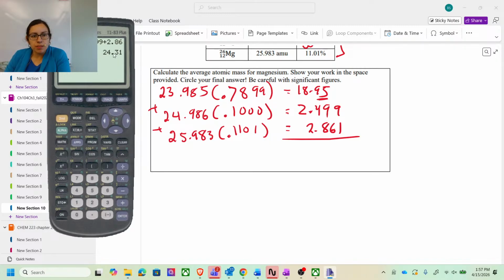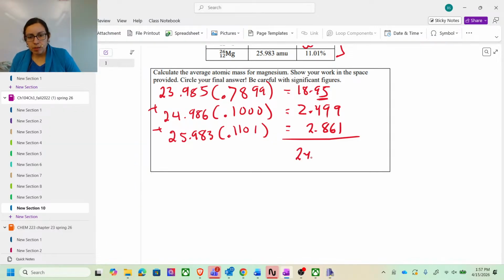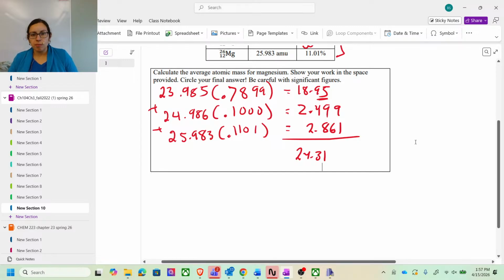And it just so happens that it worked out, that would be 24.31. We don't need to round any further, but we wouldn't tack on a 0 or anything. We can only report it to 2 after, so 24.31 there.